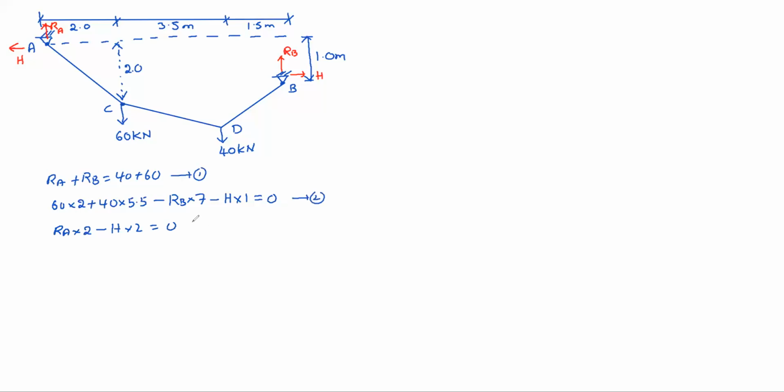From third equation, RA equal to H. From first equation, RB equal to 100 minus RA, RA means H. So substitute this RB in the second equation: 60 into 2 plus 40 into 5.5 minus (100 minus H) into 7 minus H into 1 equal to 0. So from this we can find H now.